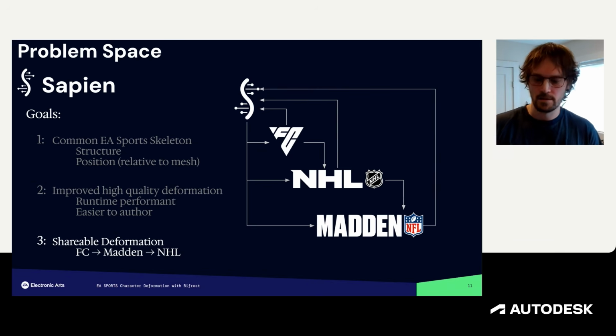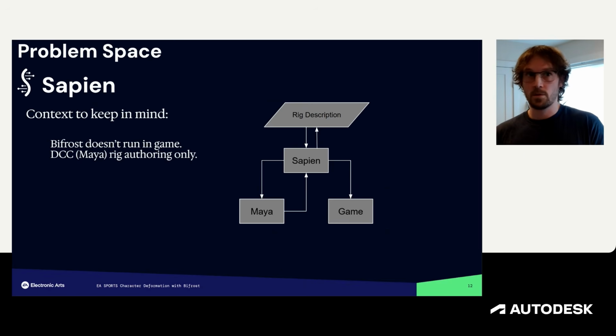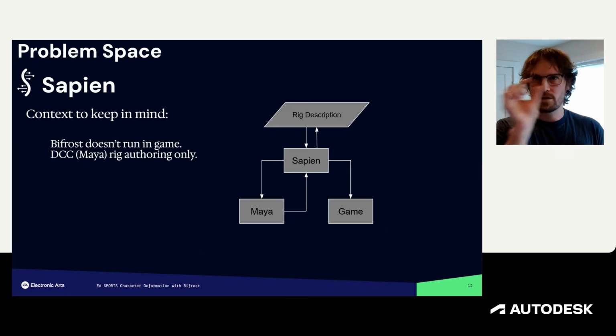One other piece of context to keep in mind as I go through the presentation and slides is that Bifrost doesn't run in game. We only use it for our rig authoring in Maya. In this little flow you see, we have this rig description, which is how we describe the rig.